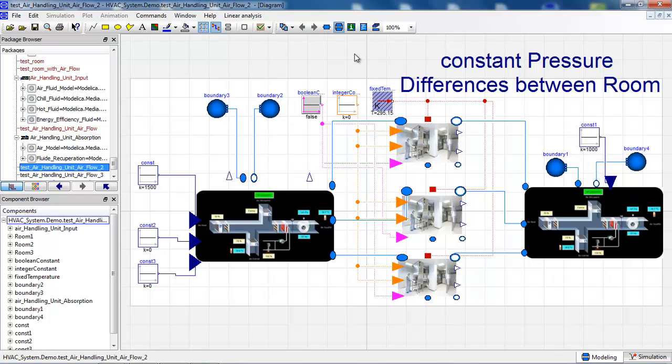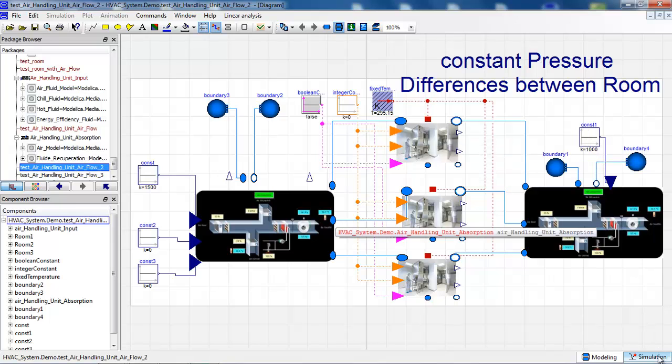Now I can plug together my input air handling unit and my output air handling unit, which is the absorption part, to my 3 rooms. And now we will demonstrate that the different rooms have different pressures due to the input flow here, which will be constant, and the output absorption part here, which will be constant as well.